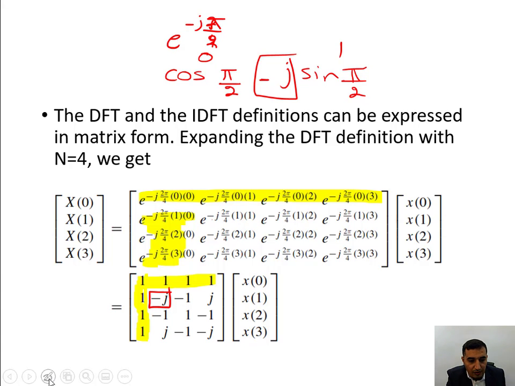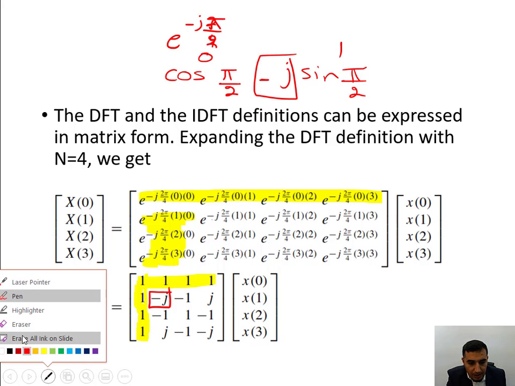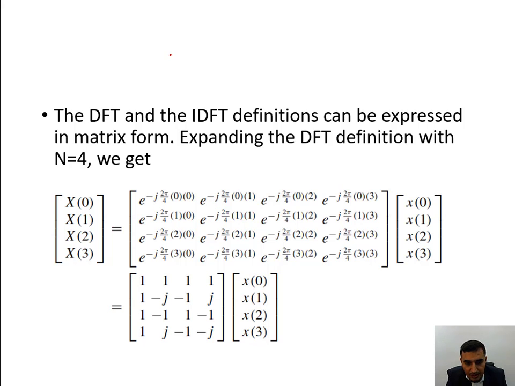Let's check this one over here. It is e to the power minus j 2 pi over 4 multiplied by 1 multiplied by 2. So this is 2 over 4, which will equal e to the power minus j pi.